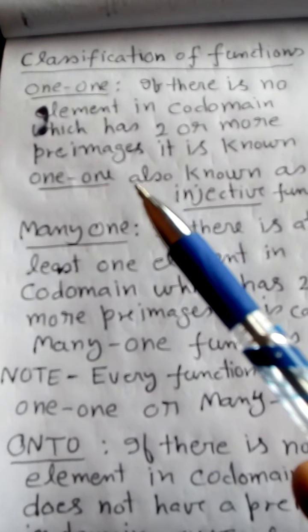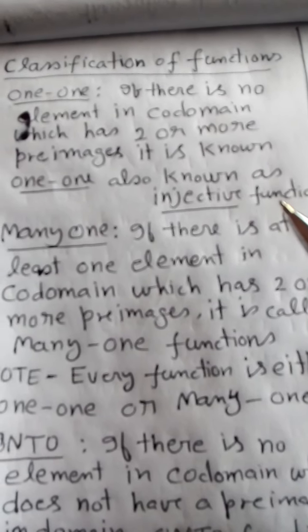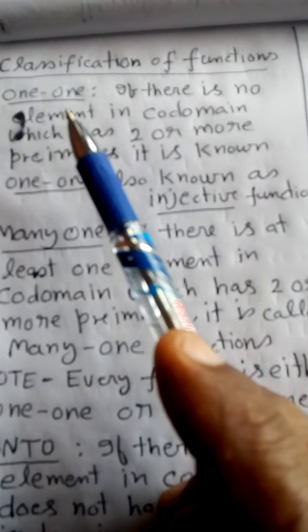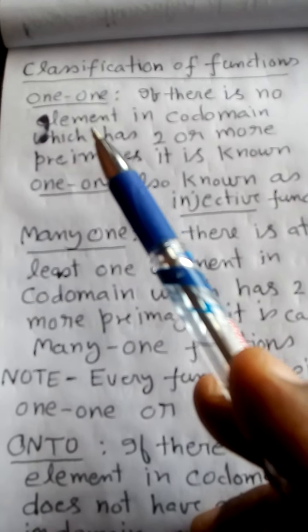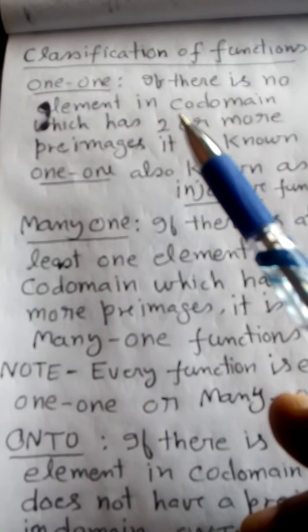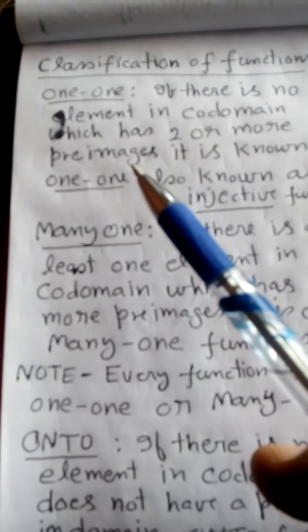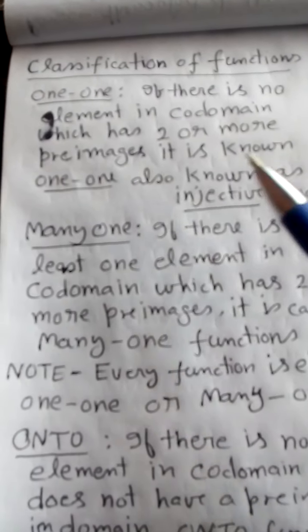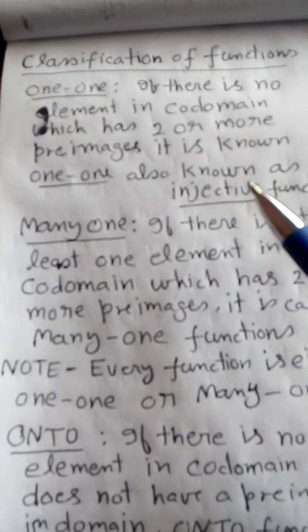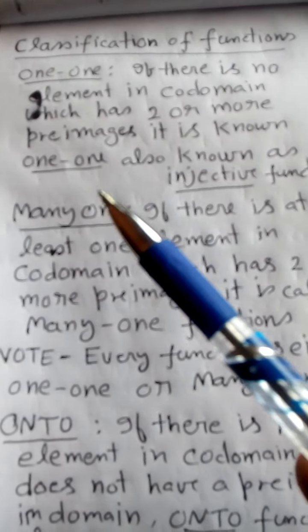It is also known as an injective function. I'll repeat: if there is no element in codomain which has two or more pre-images, it is known as one-one, also known as injective function.